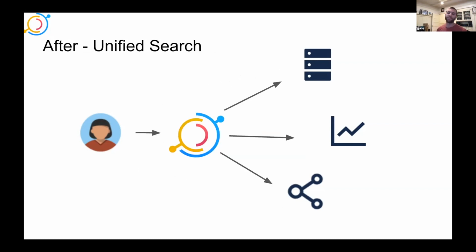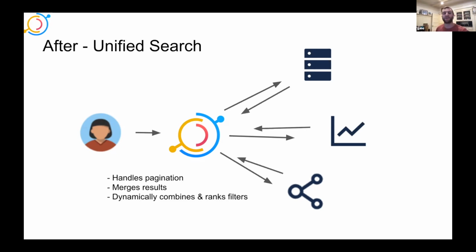What we've done here is put a layer in between that will aggregate the results together, rank them amongst each other, and then bring combined search results and combined search filters back to the user. So the user issues a query to DataHub. DataHub then aggregates the search results and search filters together, handles pagination, and ranks these filters based on a custom filter ranking that you can provide.